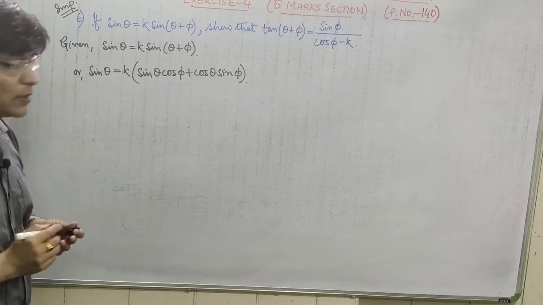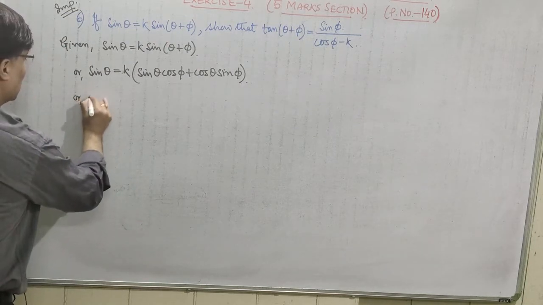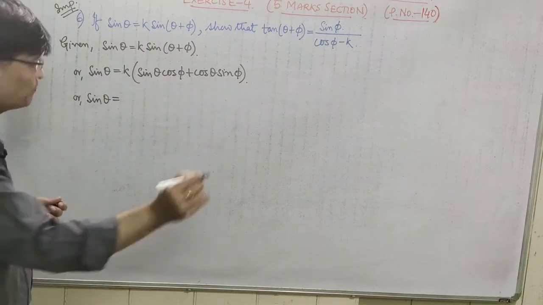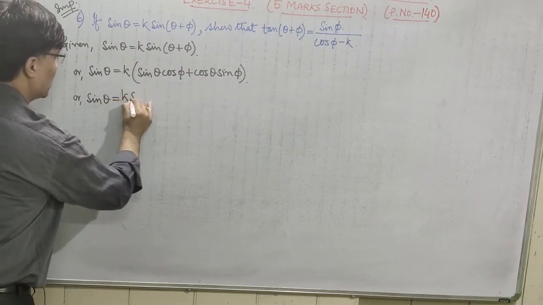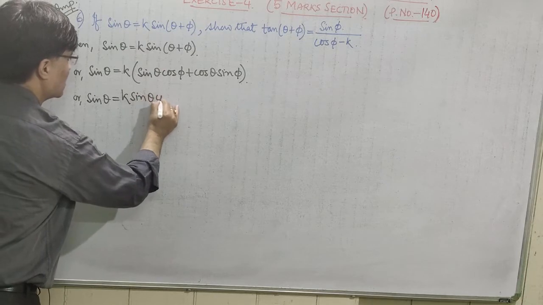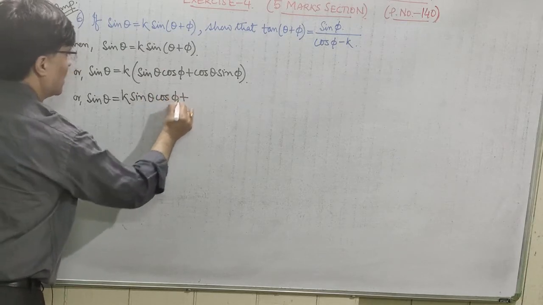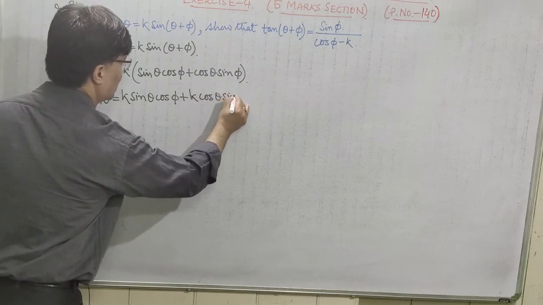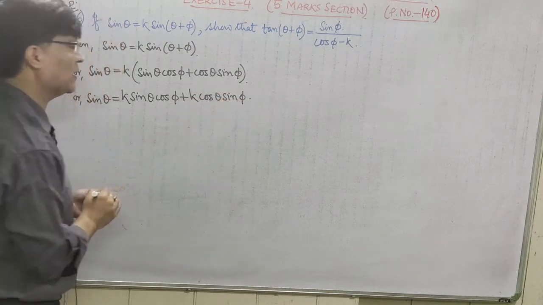Is that clear? Next, let us simplify it. Multiplying by k, what do we get? Sin θ = k sin θ cos φ + k cos θ sin φ.